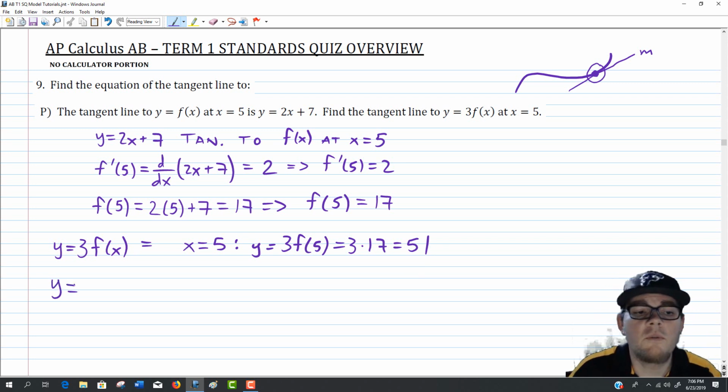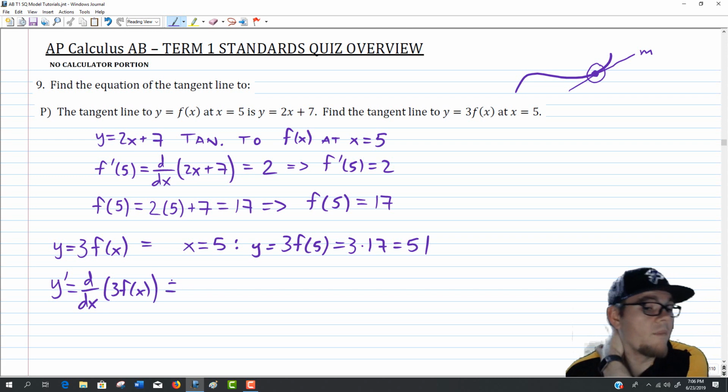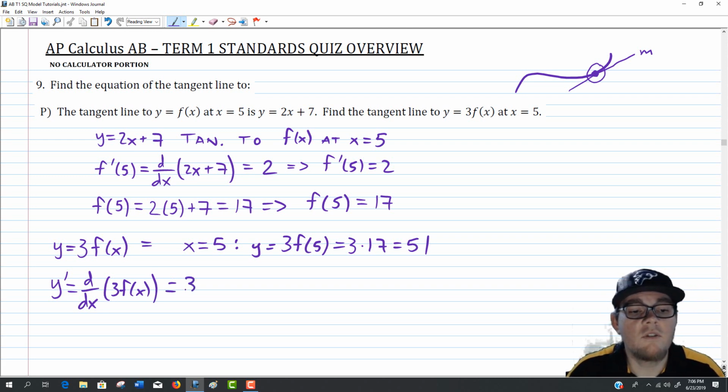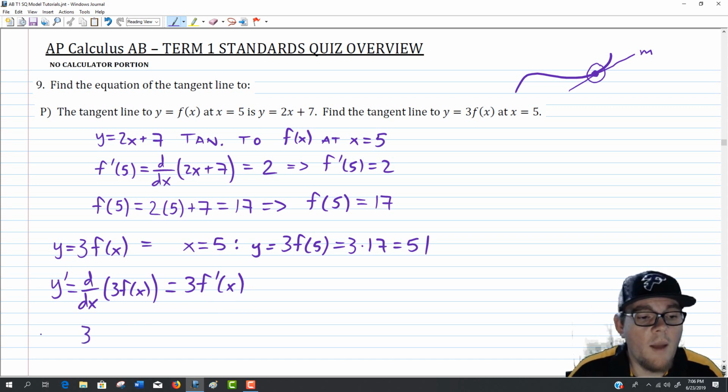Second, if y equals 3f of x, then y prime is going to be the derivative of 3f of x. And if y prime is the derivative of 3f of x, that means that the derivative is 3f prime of x. And the reason that's so essential and helpful to us is that y prime at 5 is going to be 3f prime of 5.